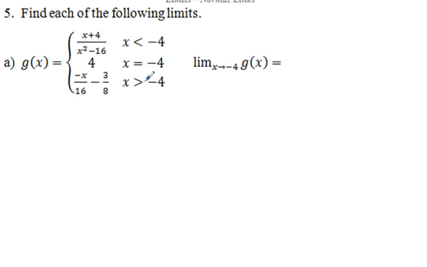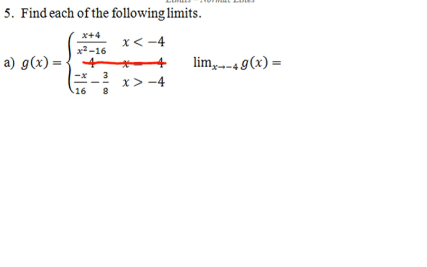So, next, find each of the following limits. And here we have a piecewise function g of x equals x plus 4 over x squared minus 16 when x is less than negative 4, and negative x over 16 minus 3/8 when x is greater than negative 4. And immediately, for the limit, do we really care about the value of the function? No, we don't. So we can just cross this out and work with what we have left.